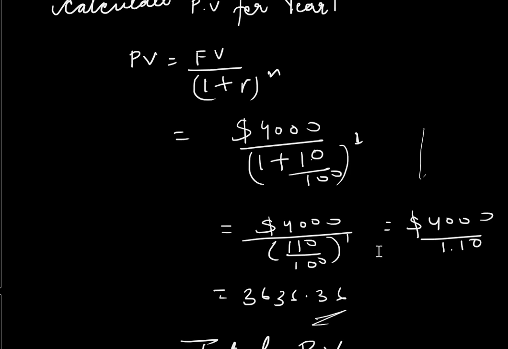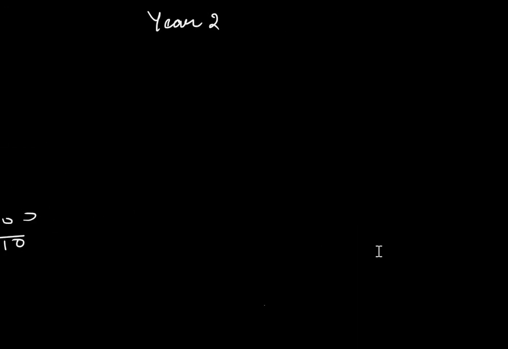Now we will do the same with year 2. For year 2 we have 5,000, right? Here we need it for 2 years, and the discount rate is exactly the same as in year 1.